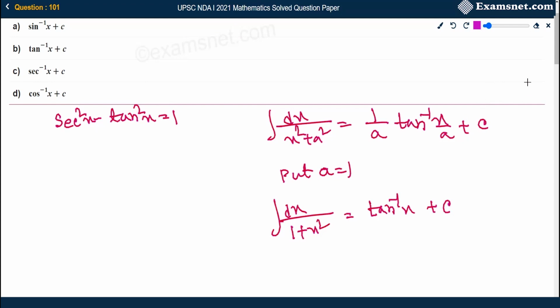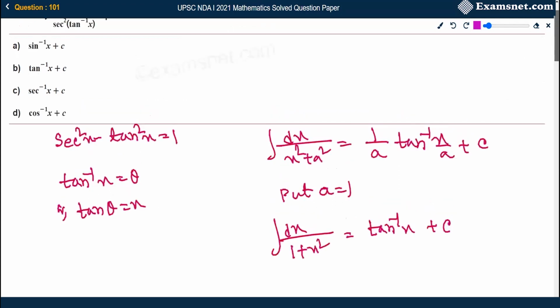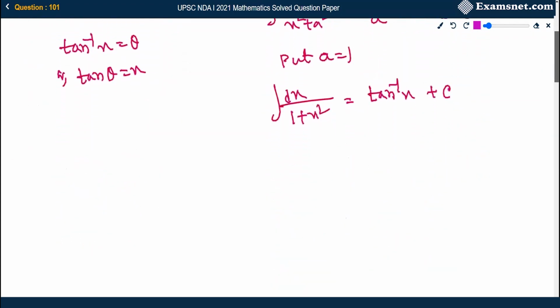Now one more thing, let's say tan inverse x equals theta. So we can imply that tan theta equals x. These are the rules from the concept. Now let's start with the given integration.